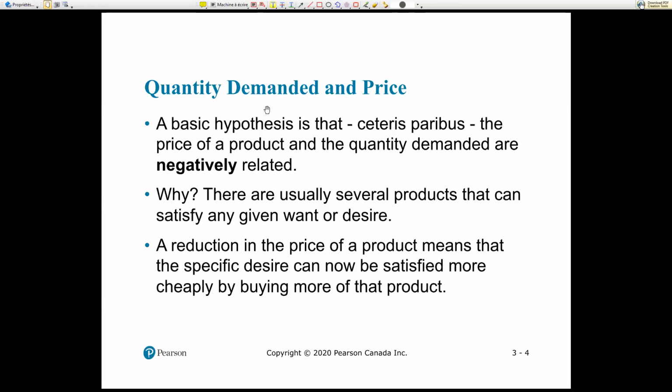So if chicken becomes $30, then fewer people are going to buy chicken. Is that reasonable? I think it's a reasonable thing to say. It might not always be the case. We will see that in rare instances it might not be the case, but that's mostly true. Ceteris paribus.